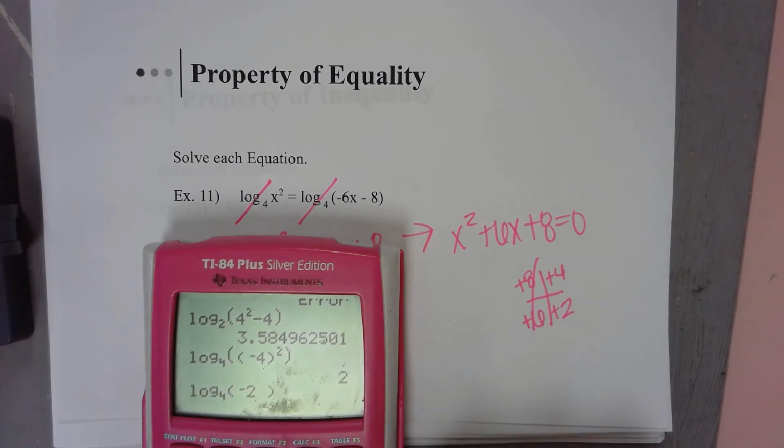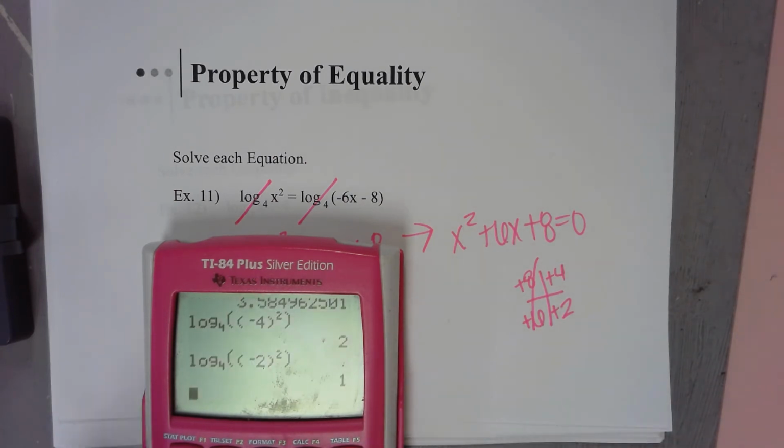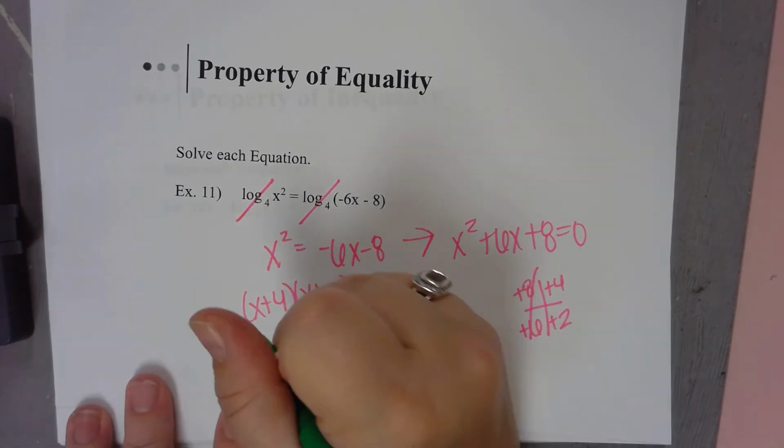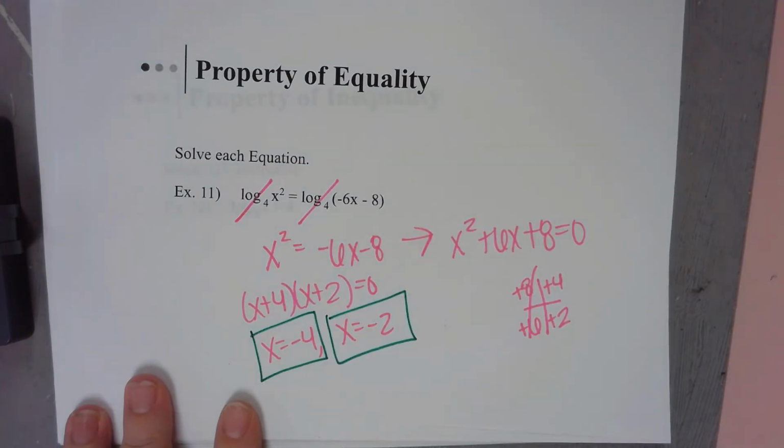Negative 2. Oh, I didn't put parentheses. Squared is positive 1. So both of these work. Both of these are solutions.